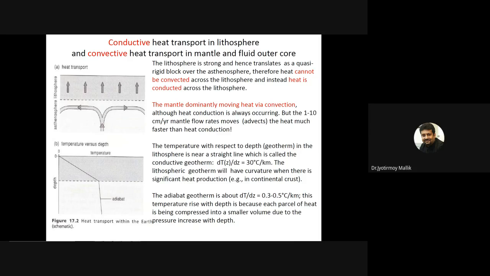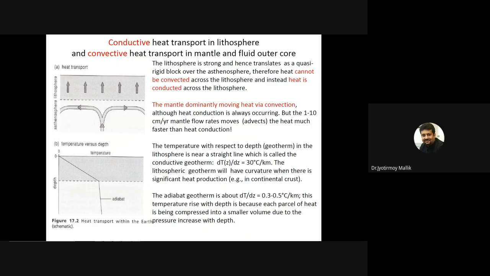One we call the conductive geothermal gradient, and the other we call the adiabatic geothermal gradient. What we see is that the temperature with respect to depth in the lithosphere is not a straight line. This is called the conductive geotherm, which is around 30 degrees centigrade per kilometer, the normal geothermal gradient.